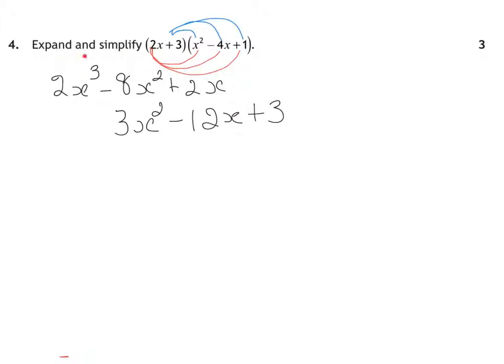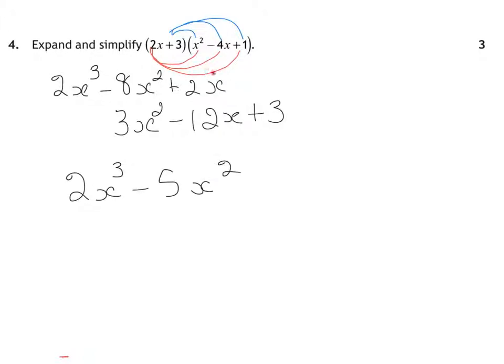So we've got 2x cubed. There's no other x cubes, so that stays the same. We have got negative 8x squared and positive 3x squared. Negative 8, positive 3, negative 5x squared.